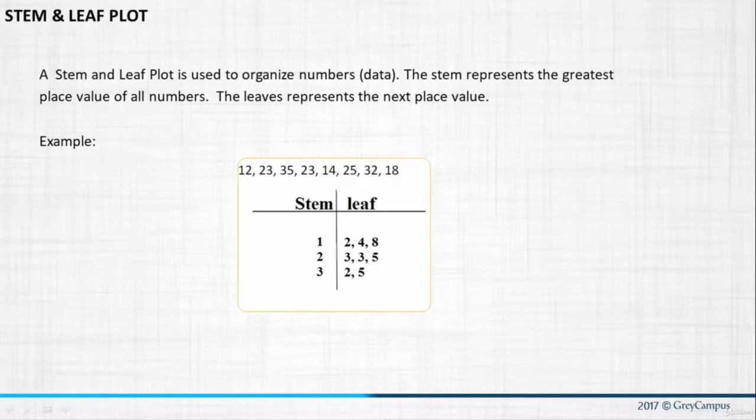So for this data set, you can see that we have 3 numbers that start with 1, and those are 12, 14, and 18, represented with the stem being 1, the leaf being 2, 4, and 8. The same thing with the stem being 2. In the 20s, there are 3 observations: 23, 23, and 25.